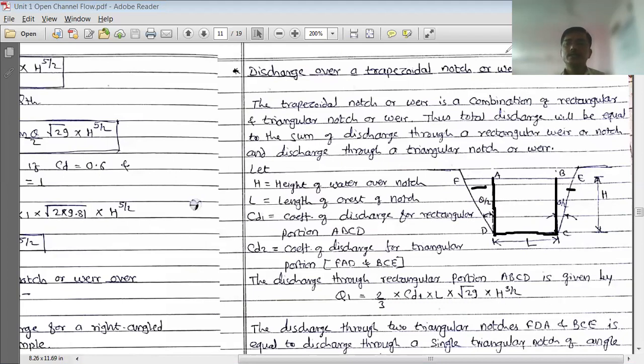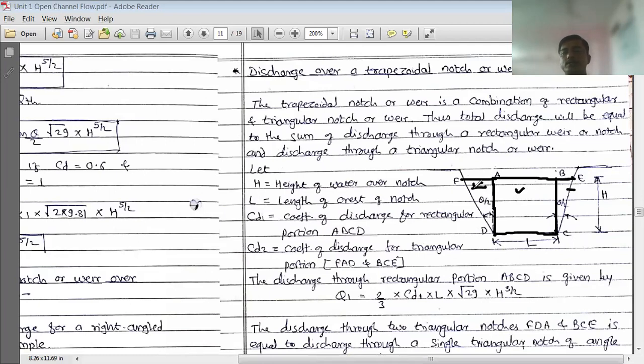So we can say that trapezoidal notch is nothing but the combination of rectangular notch and triangular notch. So the discharge over the trapezoidal notch will be the addition of the discharge over rectangular notch and discharge over triangular notch. This is quite simple here.